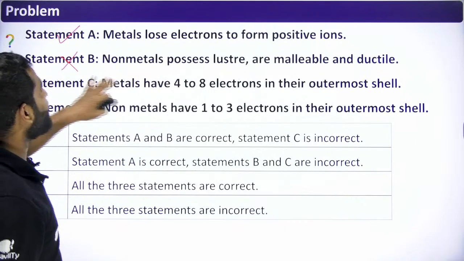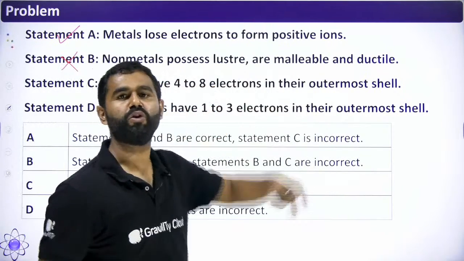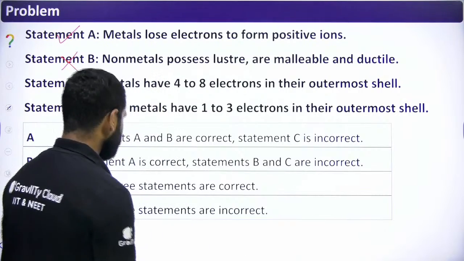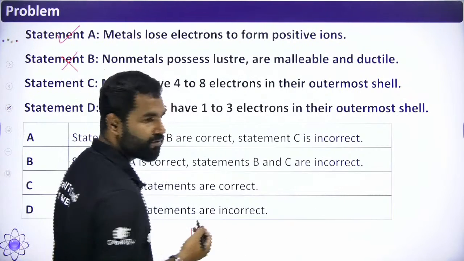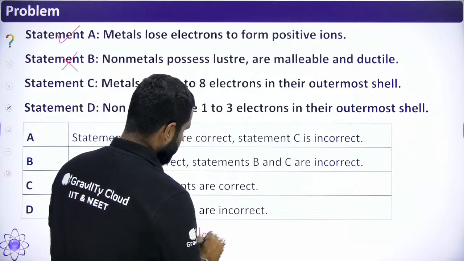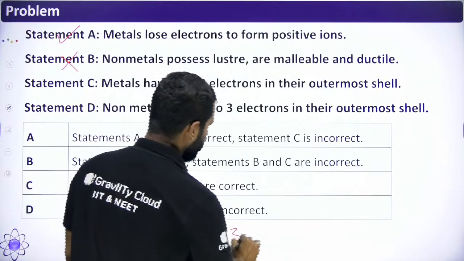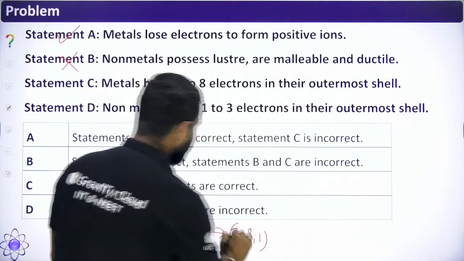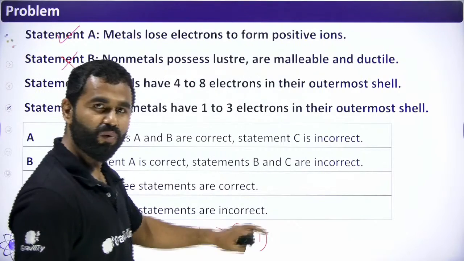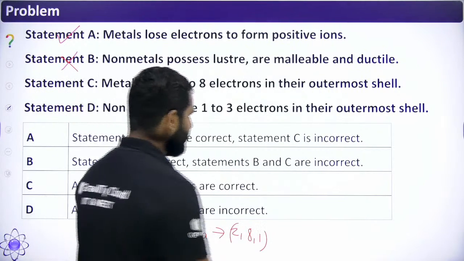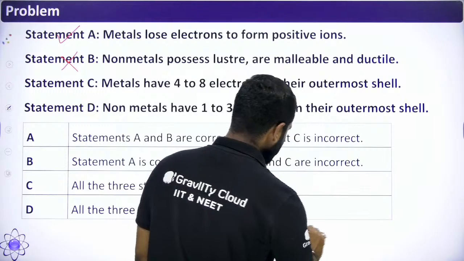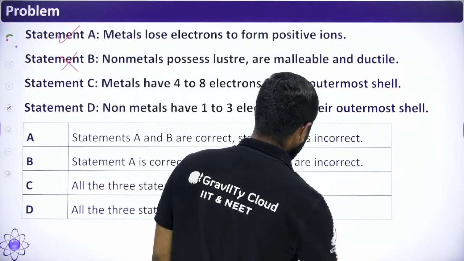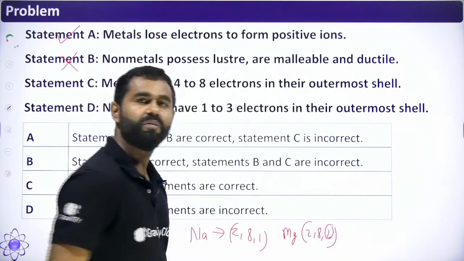Statement C, the metals have 4 to 8 electrons in their outermost shell. Now when I say metals, let's say sodium. Sodium has the configuration of 2, 8, 1, right? That means sodium has only 1 electron in the outermost shell. Let's say magnesium. It is 2, 8, 2. So it has 2 electrons in its outermost shell.